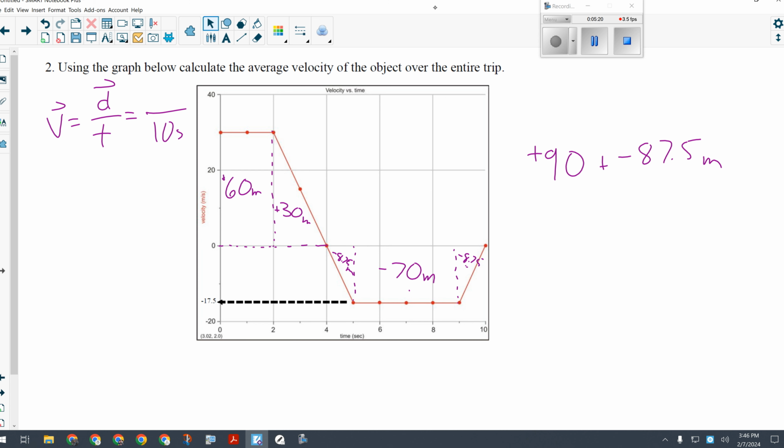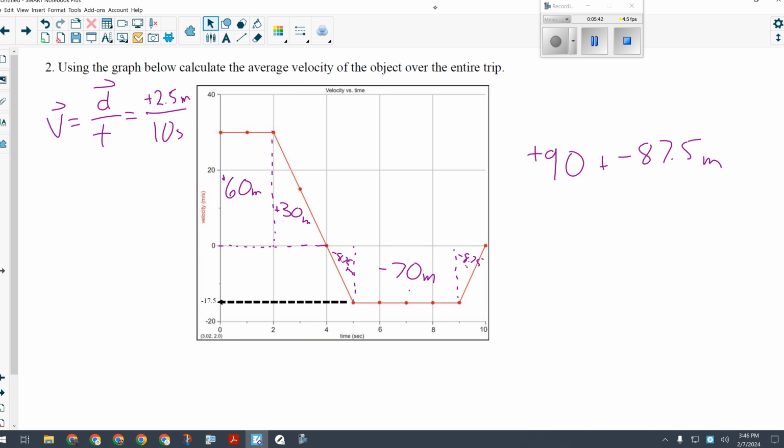And I've got 90, 60 plus 30 here. So when I do that, I'm going to end up with a total displacement of positive 2.5 meters. That's what we end up with.